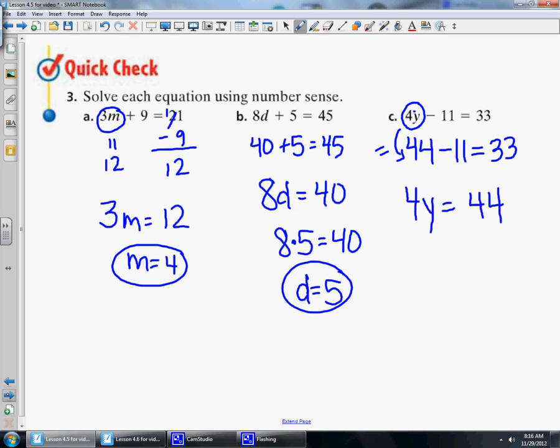Now we need to figure out what the y is. So we ask ourselves, 4 times what is 44? And y would be equal to 11, because we know that 4 times 11 is equal to 44.